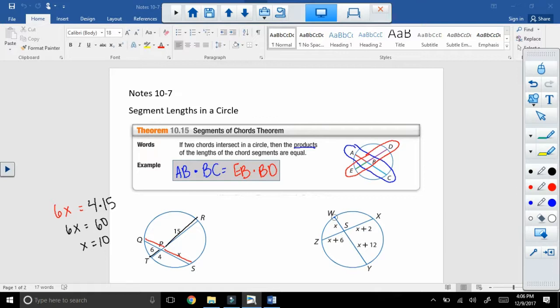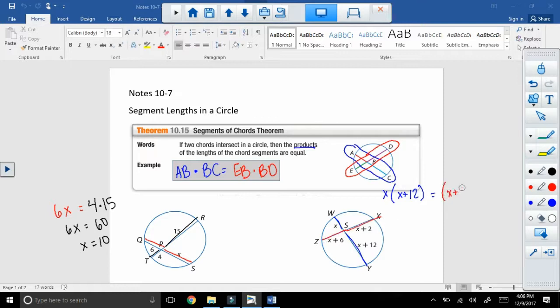For this next one, this is a little more work, algebraically speaking, because we have to do the distributive property, and we're going to end up with some x squareds when we're multiplying these together. So I need to multiply x times the quantity x plus 12, and that's going to be equal to these two parts multiplied together.